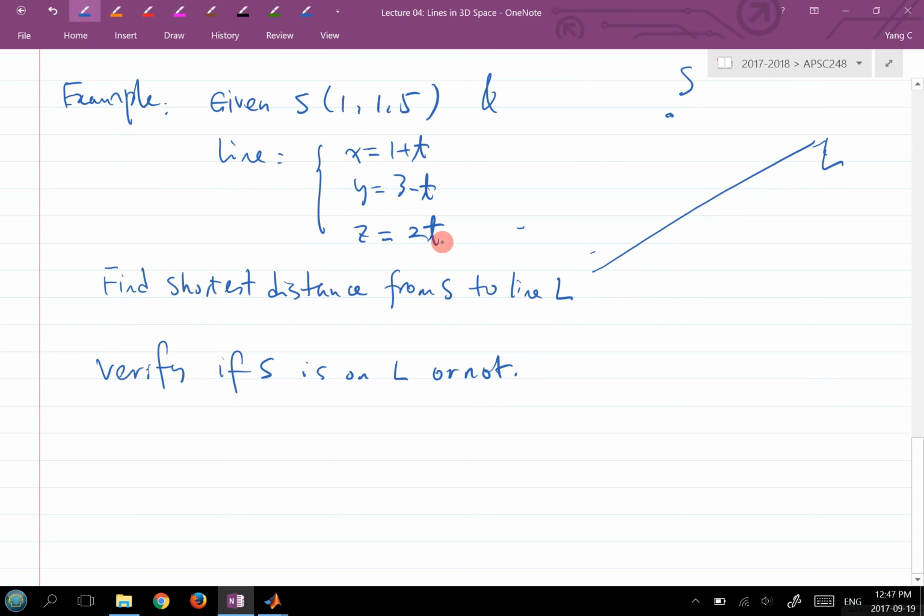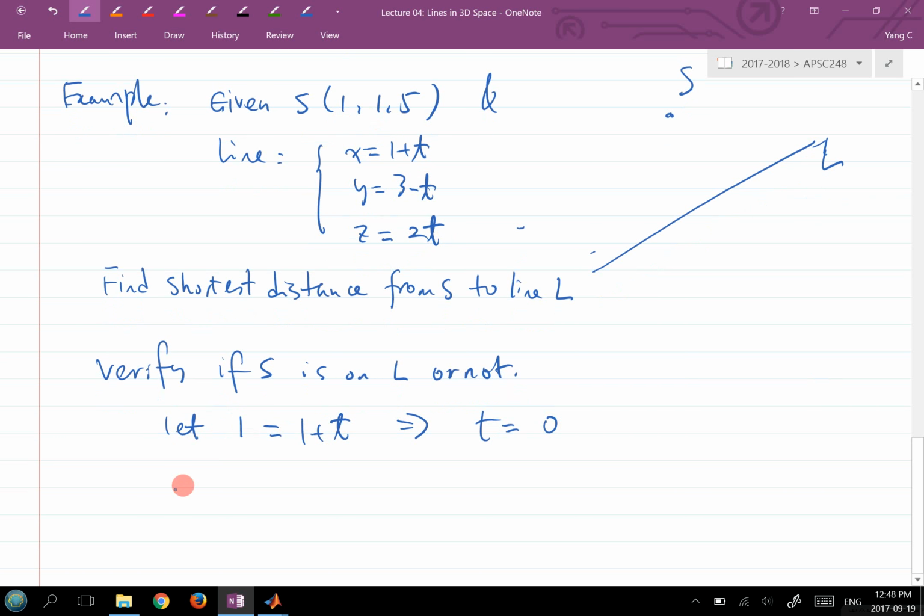So let's say, for example, I let 1 equal 1 + t. What does that give us for the t value? t equals 0, right? That's based on the x coordinate. You need t = 0 to get 1 here.